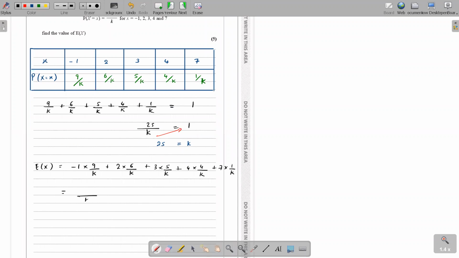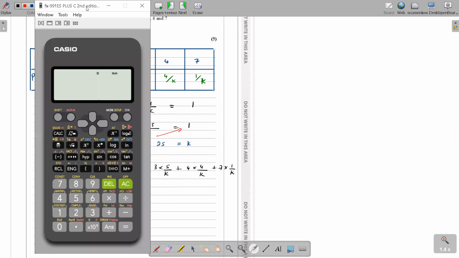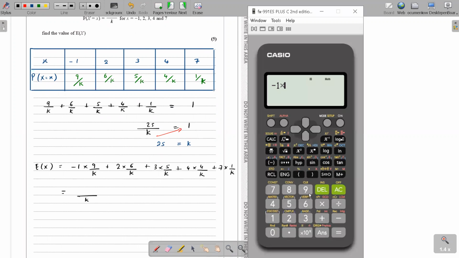You can type in your calculator -1 times 9 plus 2 times 6 plus 3 times 5 plus 4 times 4 plus 7 times 1, and that gives you 41.